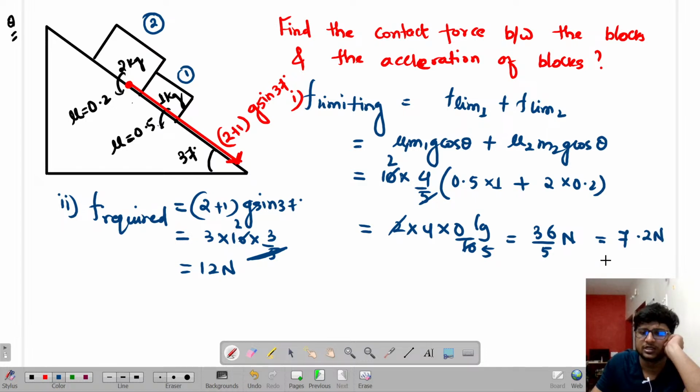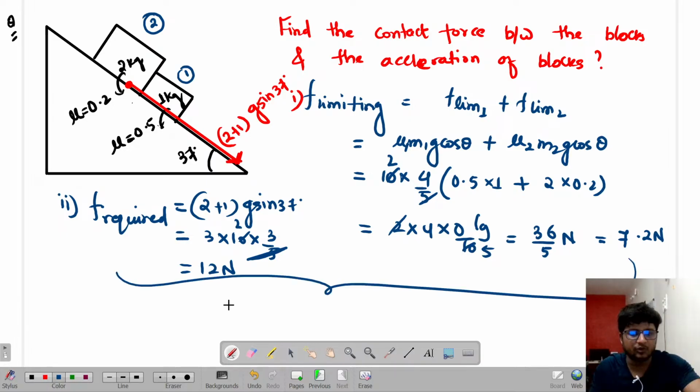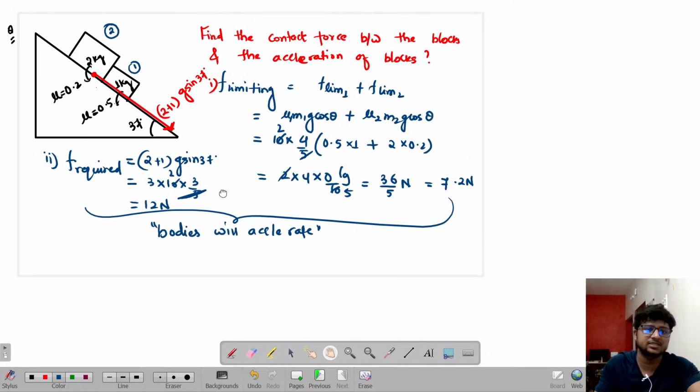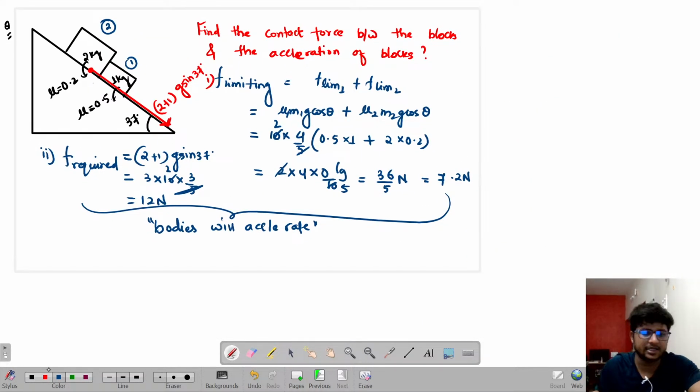So you can see that F required is more than F limiting. This means that the bodies will accelerate. First conclusion, correct? Every time you have to repeat this step. If you do not repeat it, there is a 99% chance you will get an incorrect answer. Okay, so the bodies move together, so I can find the common acceleration.